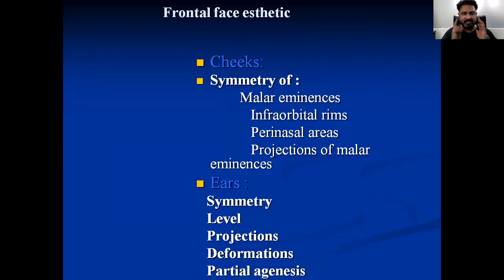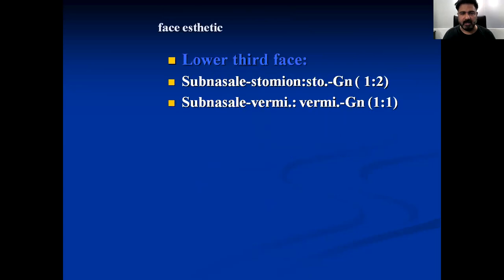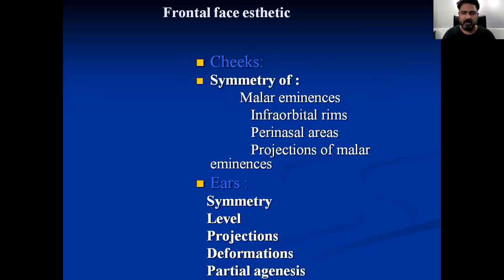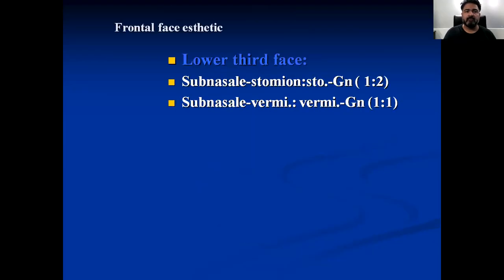Frontal face aesthetics, cheeks: symmetry of the malar eminence, infraorbital rims, paranasal area, projection of the malar bone eminences, ear symmetry, level, projections, deformity, and partial agenesis. Sometimes you have to evaluate that. Frontal face aesthetics, lower third of face: subnasale to stomion to subnasale to gnathion should be in a ratio of 1:2, then stomion to gnathion 1:1.